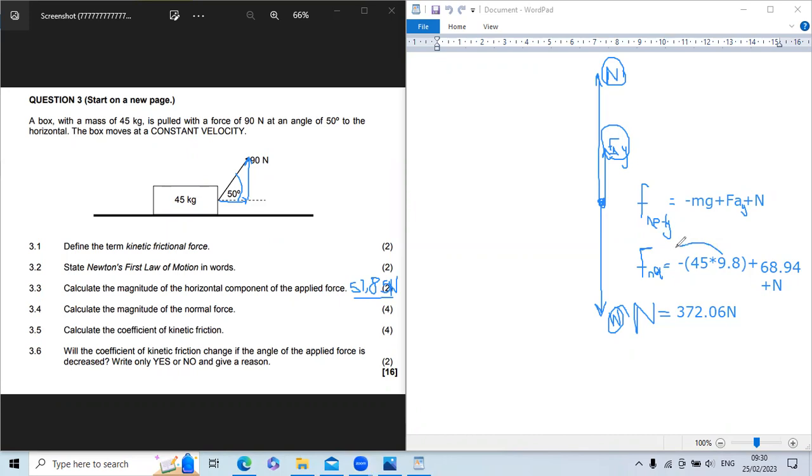When you're going to move it to the left hand side, it's going to change from negative to positive, right? Yes, sir. So you're going to be left with this. So this is your answer for the normal force.